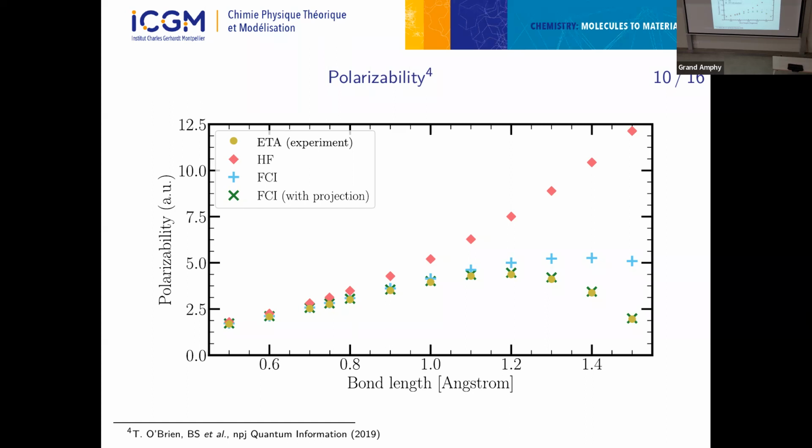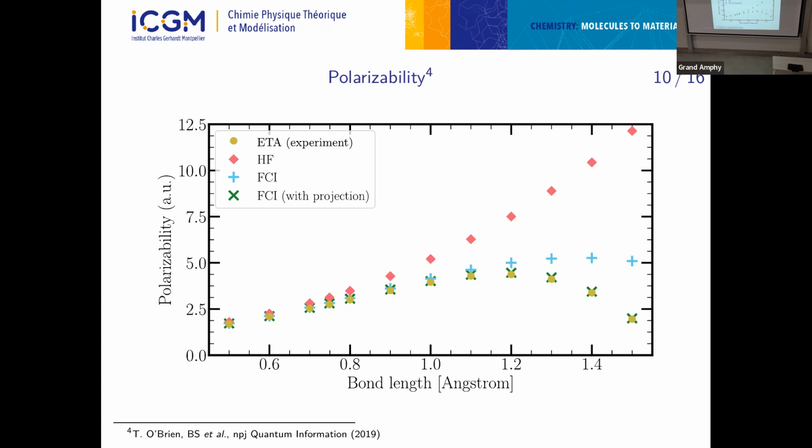A bit surprising. But actually, that's a kind of artifact because H2 in a minimal basis, you have 4 spin orbitals. So you should need 4 qubits to represent the problem. But we only had 2 of them. For the energy, it was not a problem because we could actually, with some symmetry condition, go to 2 qubits only. So we did the experiment with 2 qubits.